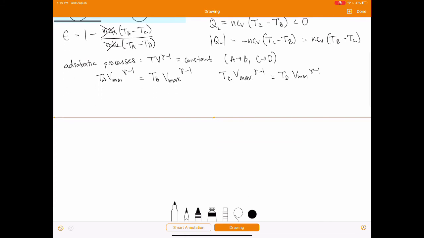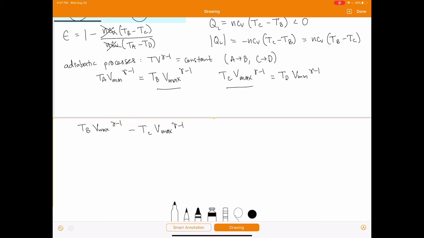So I'm just going to write on one side of the equation TB times Vmax to the gamma minus 1 minus TC times Vmax to the gamma minus 1. So I'm just looking at these two terms in the equation that have Vmax next to them, and I'm just putting them together. I'm subtracting one from the other.